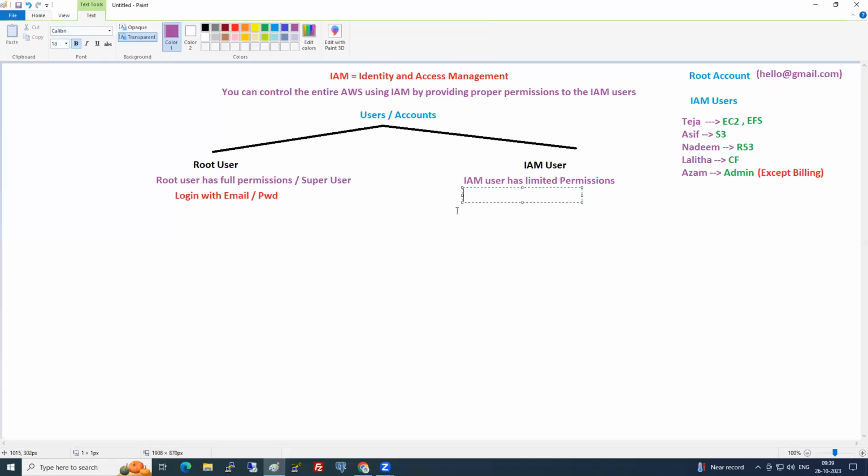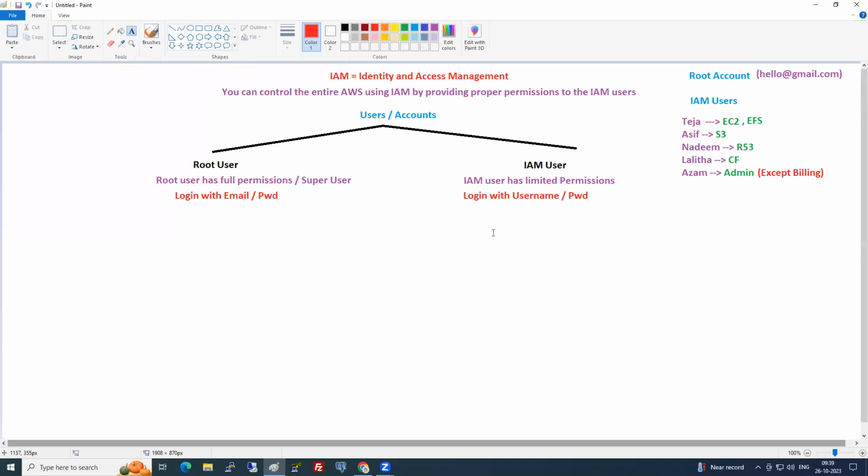So how do you log into the IAM user? Log in with what? Log in with username and password. Clear? The person who has the card information, is he a root user or IAM user? Obviously root user, because he is the owner of it. Clear enough?